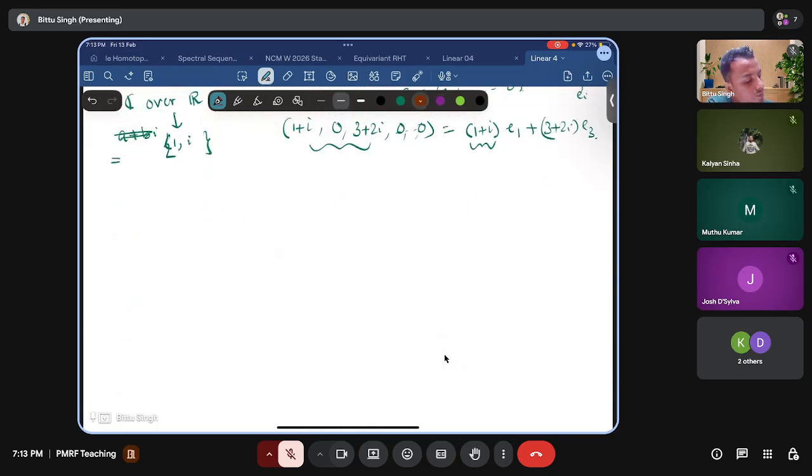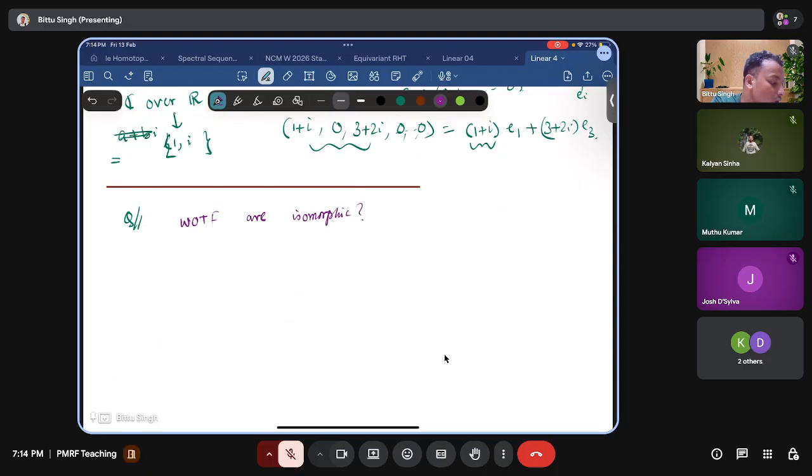Now let me give some other examples which you can answer now. Which of the following are isomorphic? The subspace of symmetric matrices.